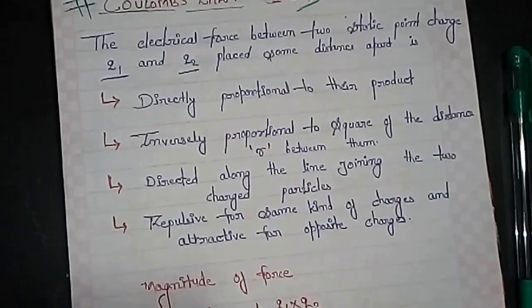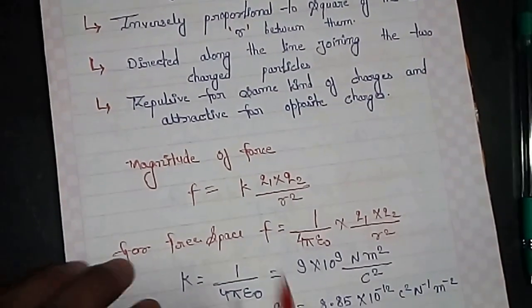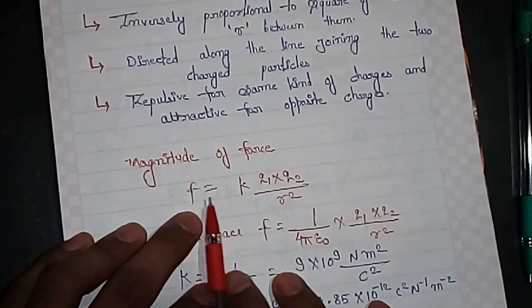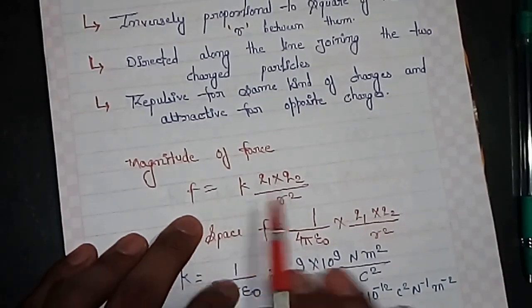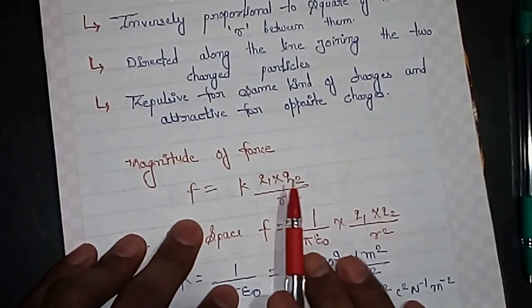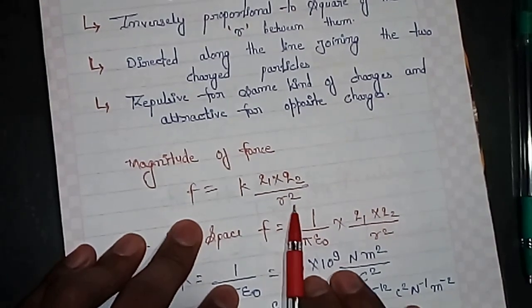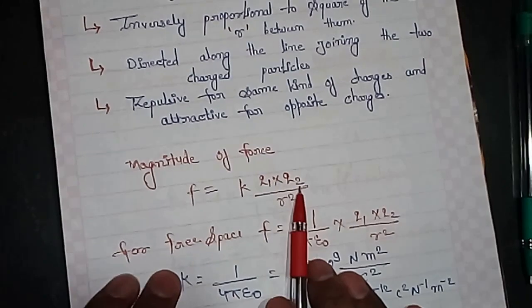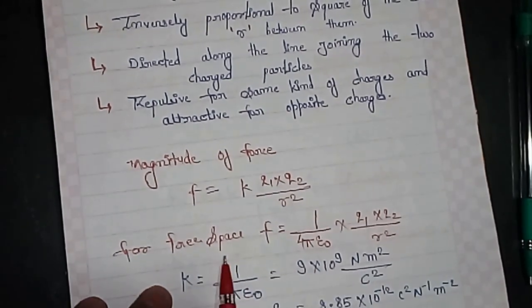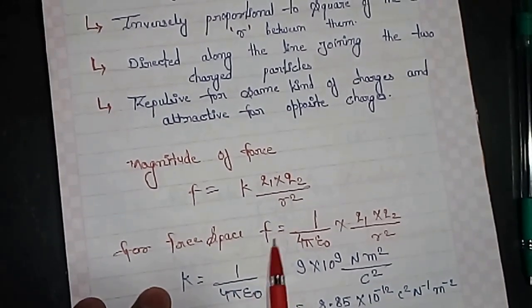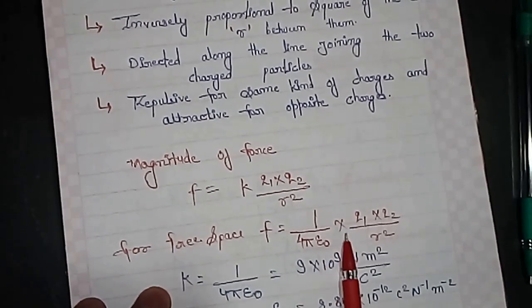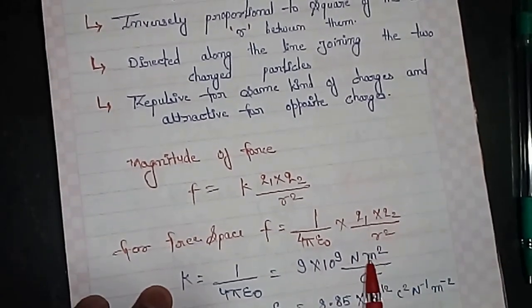According to Coulomb, the magnitude of the force, mathematically, we express as F is equal to K q1 q2 upon r square. q1 q2 means simple multiplication. For free space, F is equal to 1 upon 4 pi epsilon naught times q1 q2 upon r square.